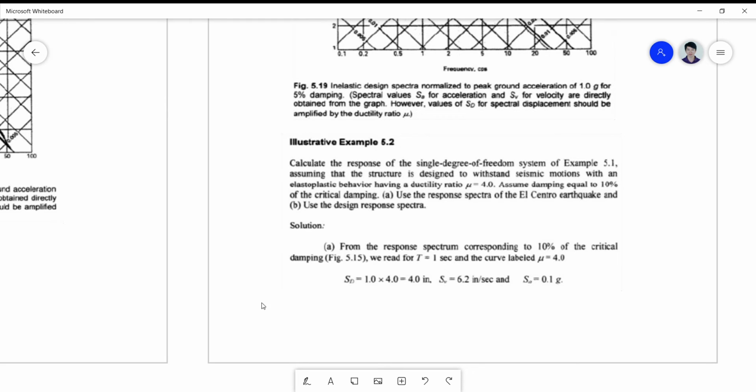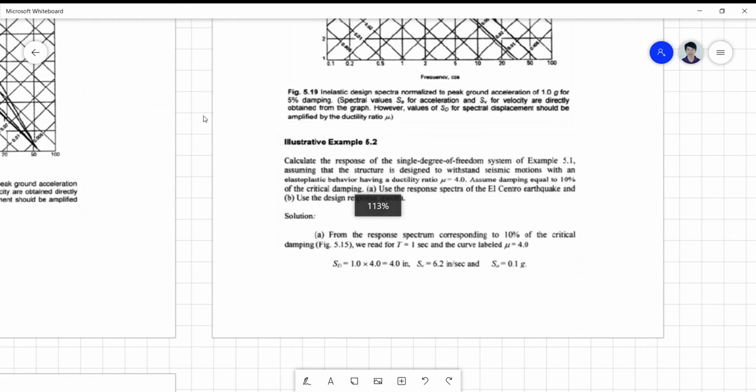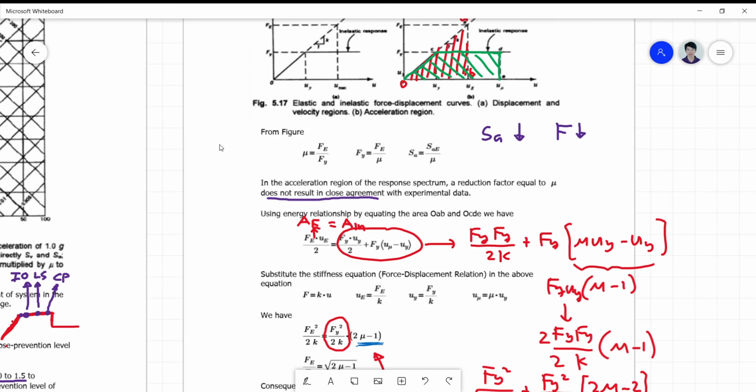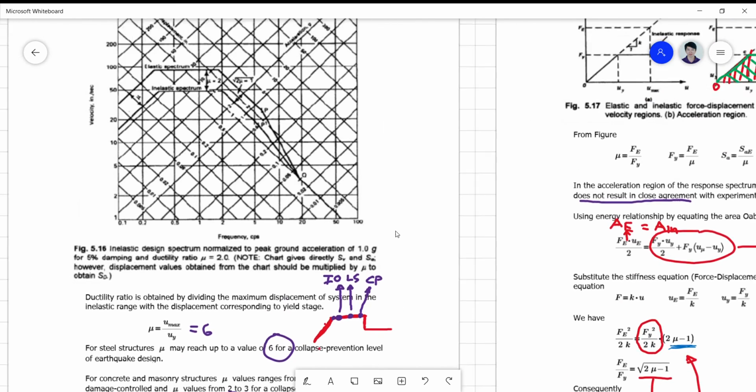Okay, for solution of A, given is the period T equals 1 second, the same as example 5.1, 10% damping, and mu equals 4. So we use figure 5.15 for this spectral graph, which is not yet normalized.